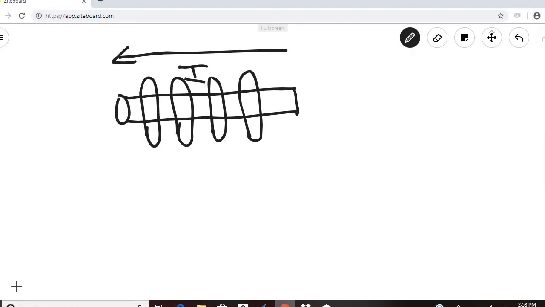Okay, so now if I point that way, the direction that the current will be flowing will be in this direction.